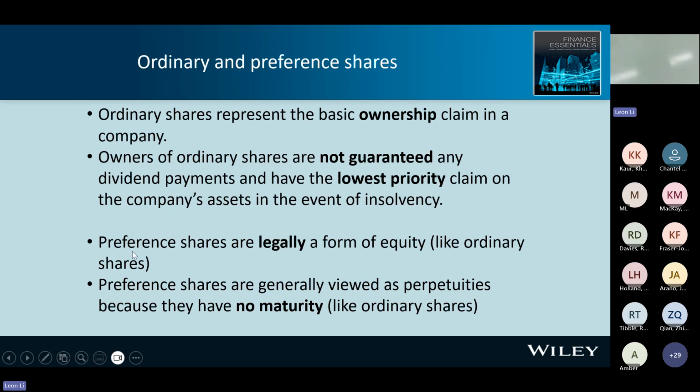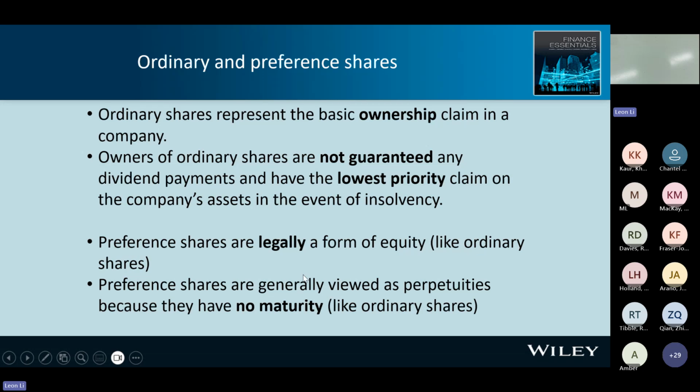Now we consider preference share. Preference shares are legally a form of equity, so legally they are similar to ordinary share. And preference shares are generally viewed as a perpetuity because they have no maturity.